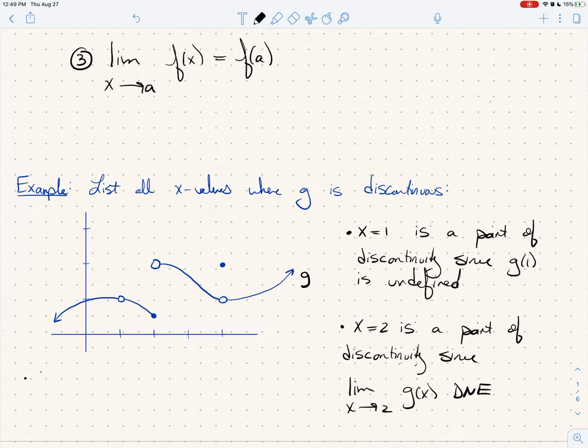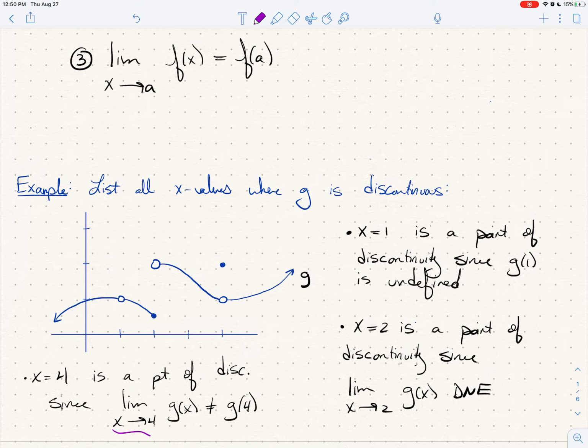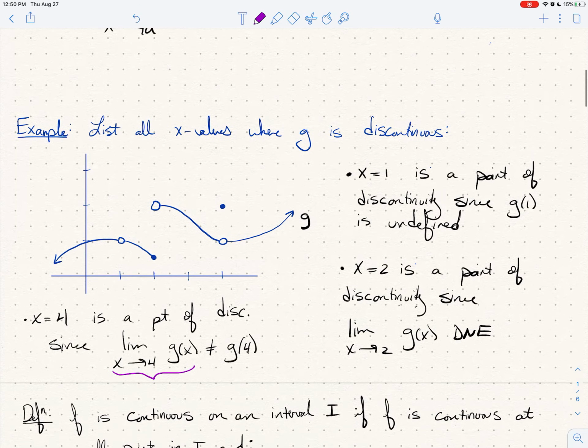So we can say x equals 4 is a point of discontinuity since the limit as x goes to 4 of g of x is not equal to the value of g of 4. And I'll go ahead and write down the values. This limit is actually equal to 1, whereas the value of the function is actually equal to 2.